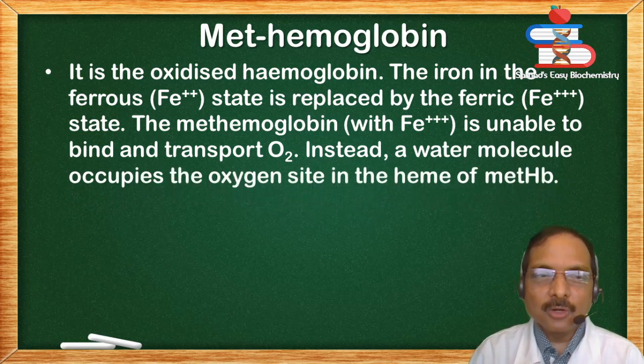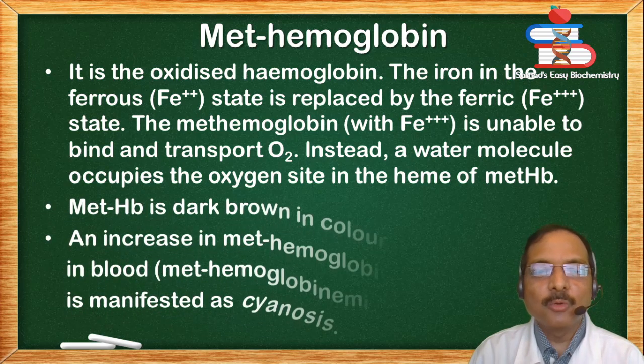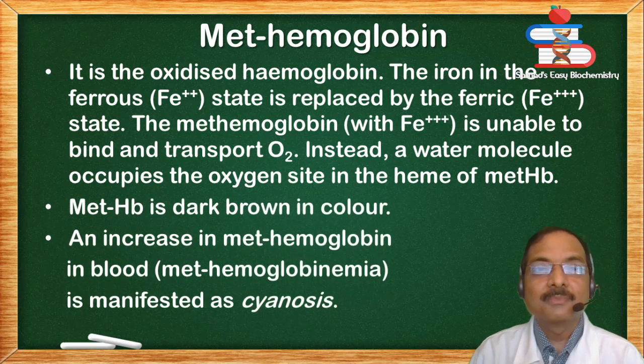Instead, a water molecule occupies the oxygen site in the heme of methemoglobin. Methemoglobin is dark brown in color. An increase in methemoglobin in blood, also called Met-hemoglobinemia, is manifested as cyanosis.